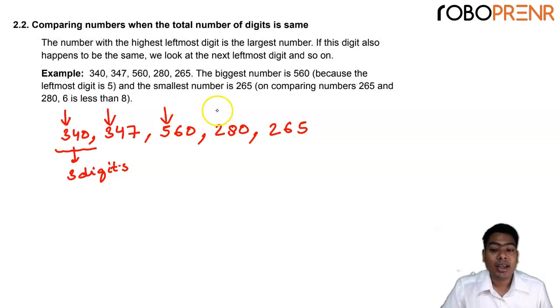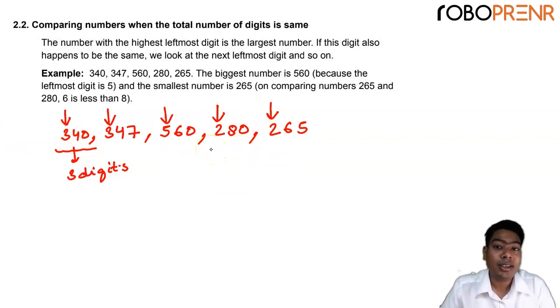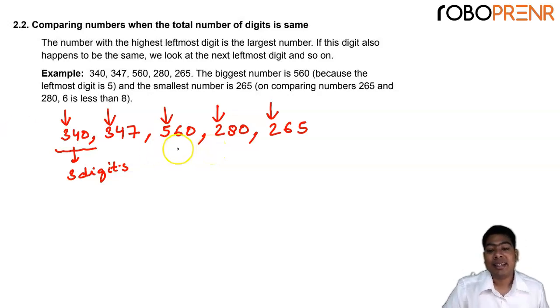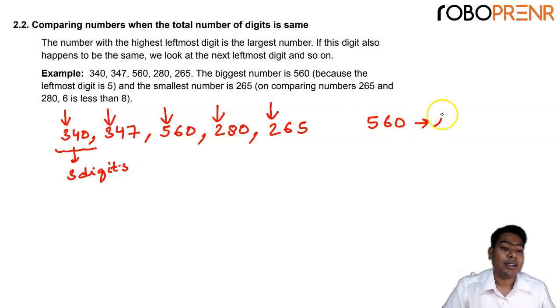In 280, the leftmost digit is 2. And in 265, the leftmost digit is 2. Now, out of all the numbers, which number has the greatest leftmost digit? Yes, the answer is 560. So 560 is the biggest number in this case.